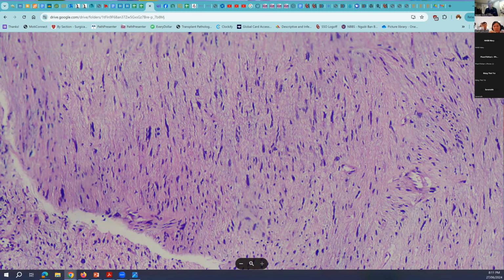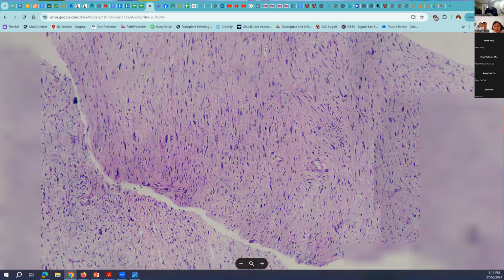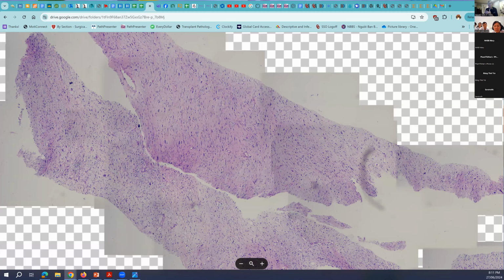So for me, the first panel of immunostains would include things like desmin, beta-catenin, and then I would do markers that would help me with regard to well-differentiated liposarcoma. So in our laboratory, we can do P16.